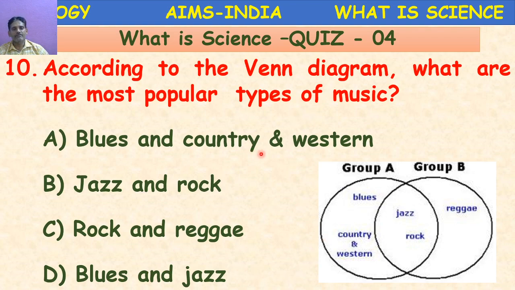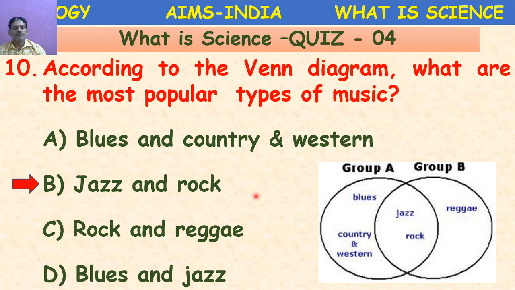These are the musics. So here the question is, according to this Venn diagram, what are the most popular types of music? Means in between these two groups, which music is liked by both groups? Okay. Yes, direct answer. So here in the intersection you have to take A and B, both. Okay. Yes, answer is B.